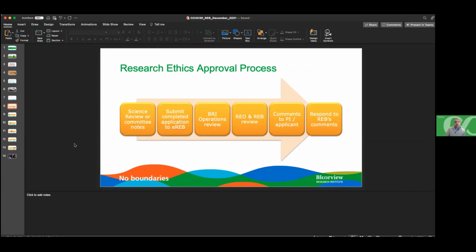Or the other route is that you go for full board review. In that particular case, your review is going to happen within probably a 4 to 6 week period, where the entire board has an opportunity to review the document.